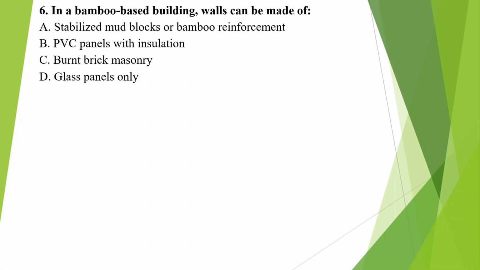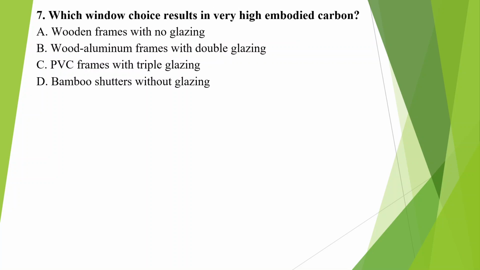So let's move to the next question, the seventh question, and let's see who can answer it correctly. Here is the seventh question in front of you all, which is asking which window choice results in very high embodied carbon. So out of the four options, which window do you think is in the category of high embodied carbon?